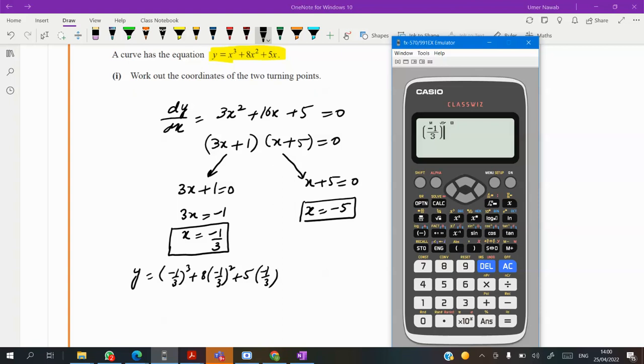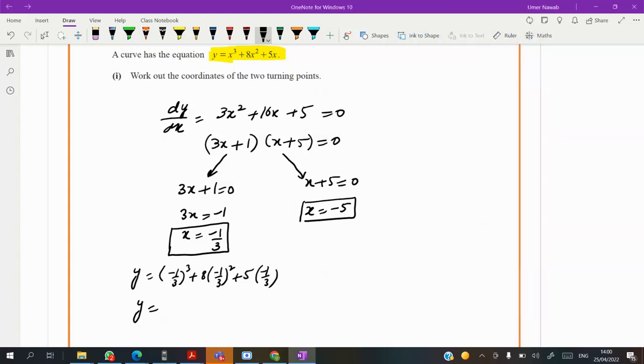Be careful when you are plugging the values into the calculator. So we get the answer minus 22 over 27.